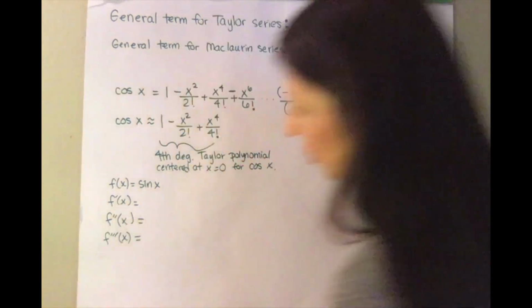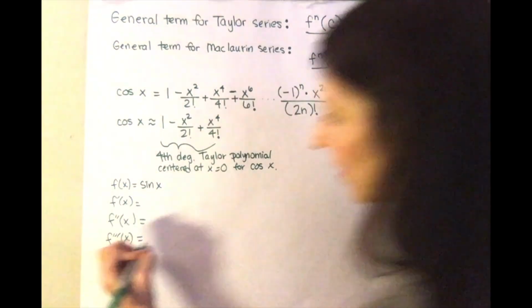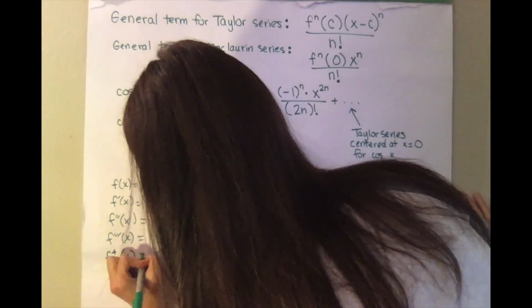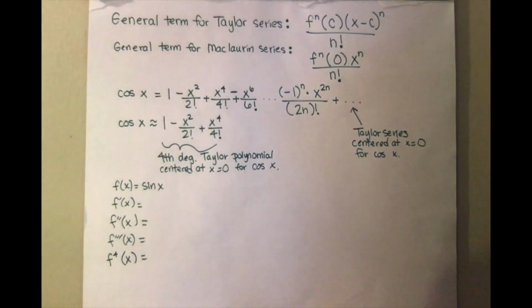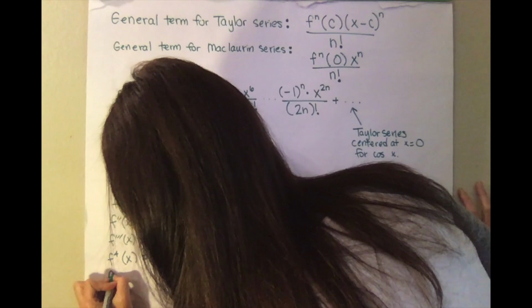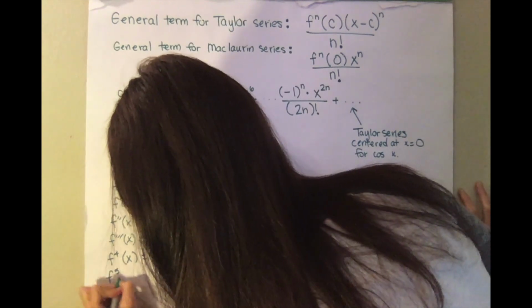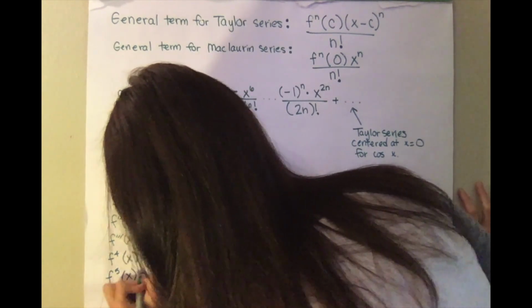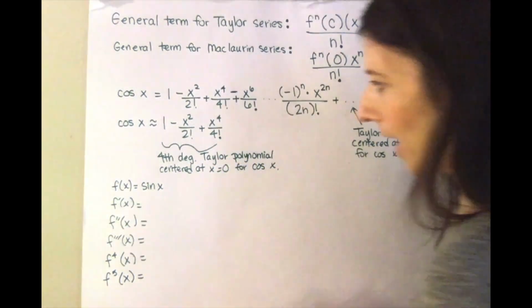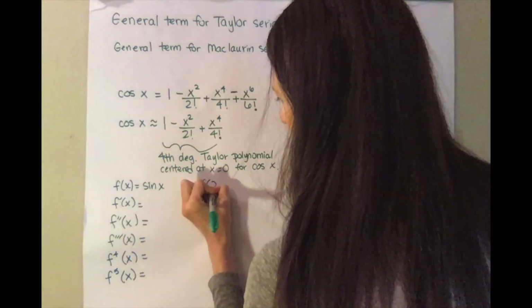I encouraged you, once you get past that third derivative, to put a superscript of 4 there to indicate fourth derivative. Some people said they prefer to write 4 primes, but that's a little bit easier way to denote the fourth and the fifth derivative. After we had all those derivatives, we inputted a 0.